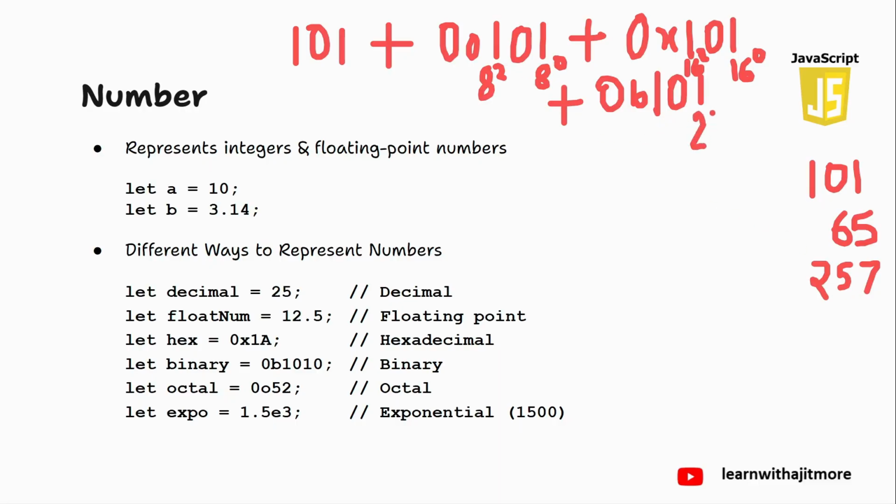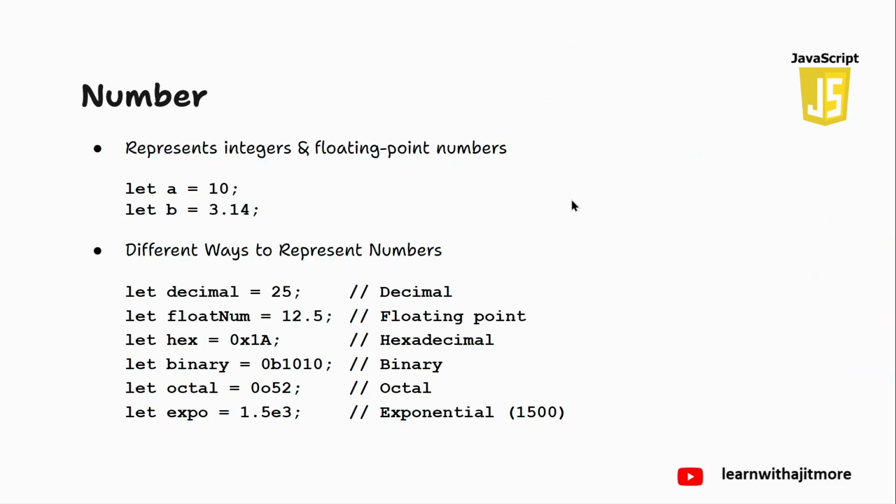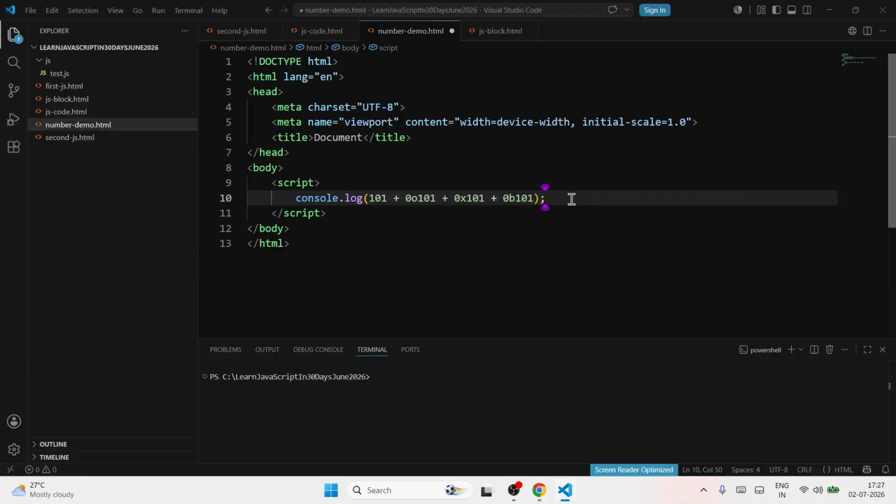This is powers of 2: 2 raised to 0, 2 raised to 1, and 2 raised to 2. I think 5. Okay? It is 5. And then when you add it, you get what? 101 plus 65 is 166, plus 257 is 423, plus 5 gives 428. So you'll get output as 428. You can check.